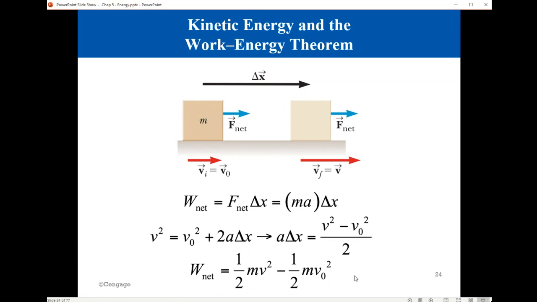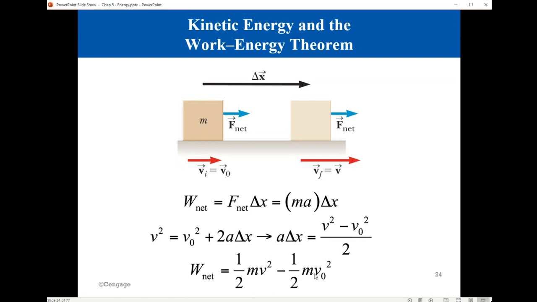What this equation is telling us is simply that the only way to change the kinetic energy from its initial value to its final value is to do work on it. Okay? That's the only way to change the kinetic energy. We need to do work.